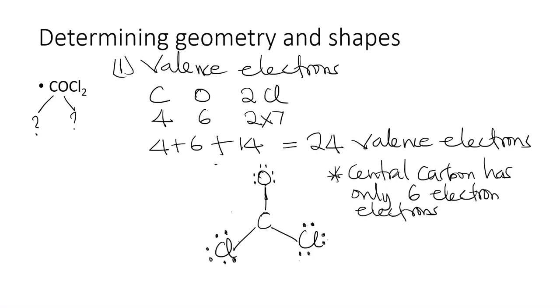That's not good. So we say each stick is 2 electrons. So carbon here has 3 sticks, which means it has only 6 electrons surrounding it. But we want 8 electrons to surround it.